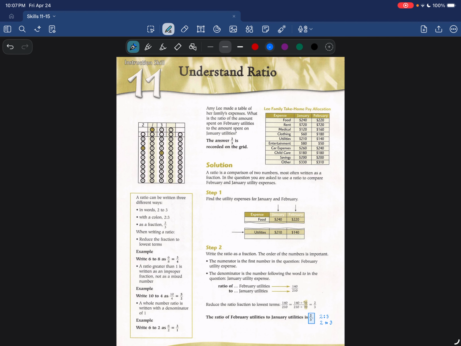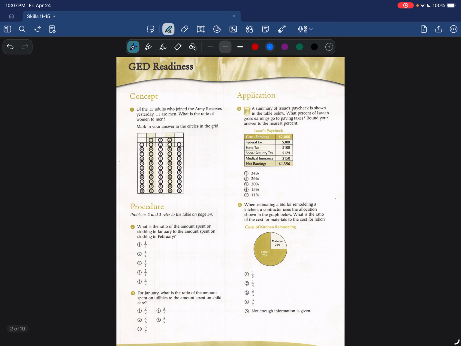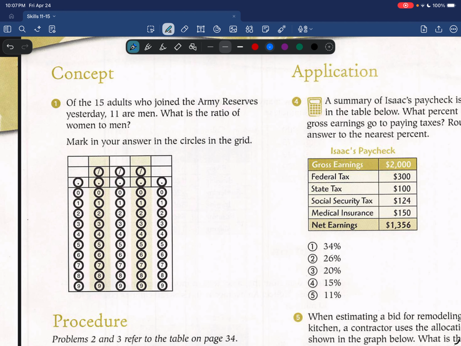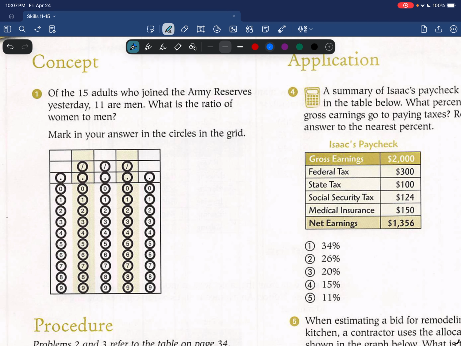So let's practice with ratios. This is a very, very valuable math skill. The concept question. Of the 15 adults who joined the Army Reserves yesterday, 11 are men. What is the ratio of women to men? Mark in your answer in the circles in the grid.